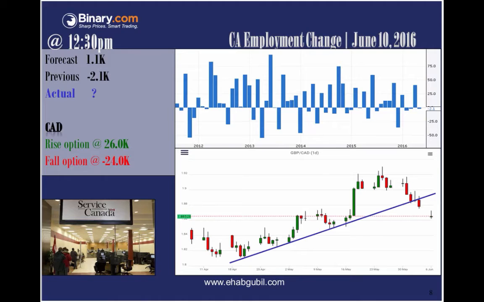Here is the Pound Canadian dollar daily chart. There was no need for resistance levels because the market already broke the support level downwards. So if we get a number between minus 24,000 and 26,000, I recommend making a fall option in this currency pair, Pound Canadian dollar, as the Canadian dollar should keep going upwards.